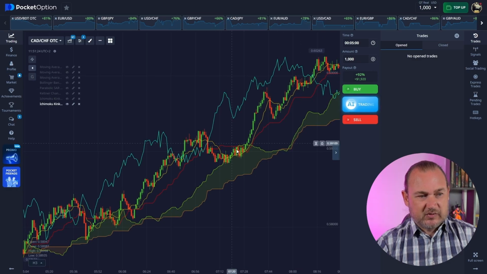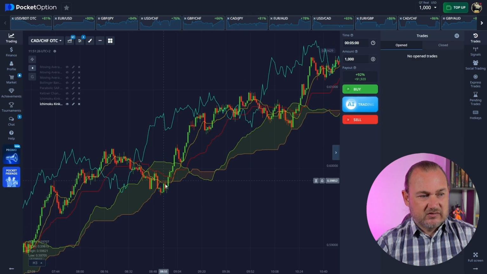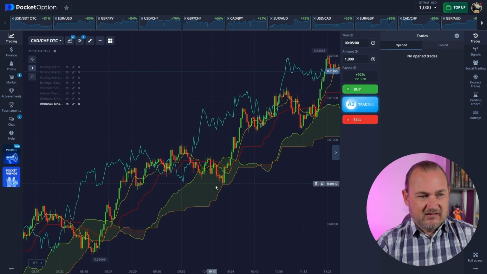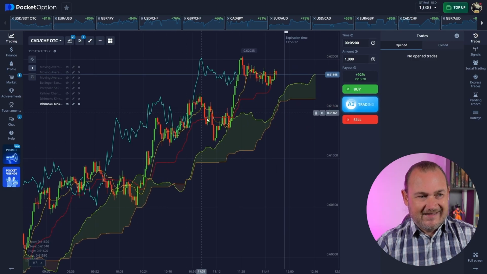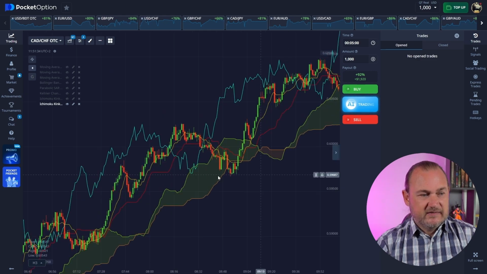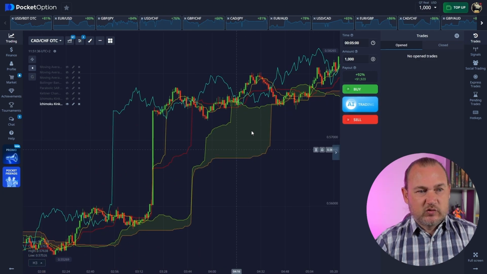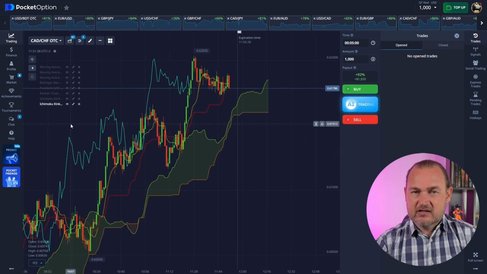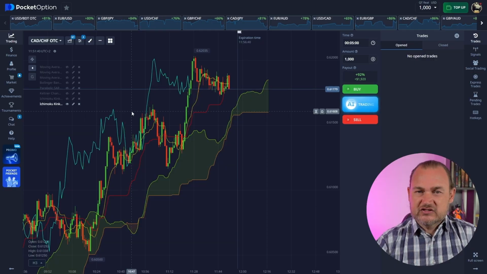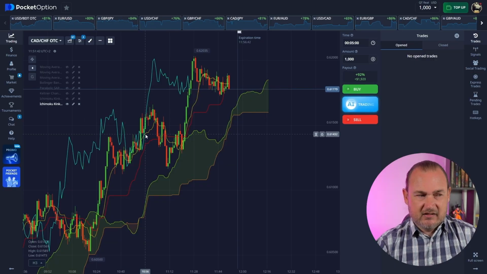We can see that price keeps on testing the cloud, it did a small little break here, but it did push back, again tested the cloud, pushed back, again tested the cloud, pushed back. So we can see that quite often the cloud functions as a support and resistance area.